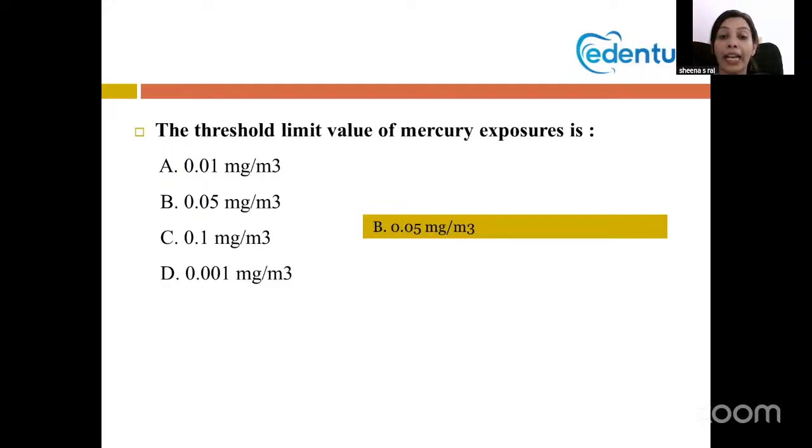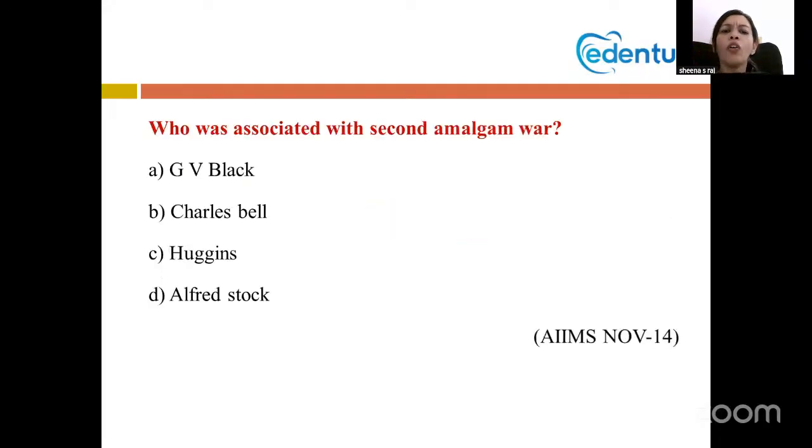Who was associated with the second amalgam war? Again, an AIIMS question. We know that there have been three amalgam wars, based on the various controversies about whether to use amalgam or not. Most people are not aware of who was associated with each, so before answering, I would like to give a small description.